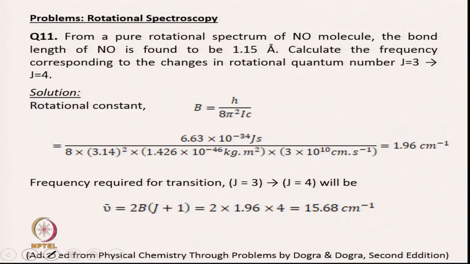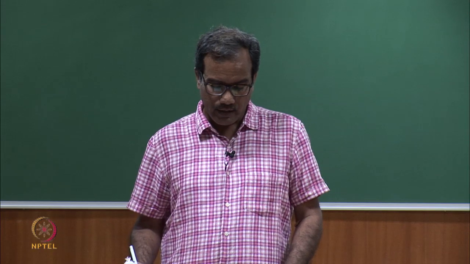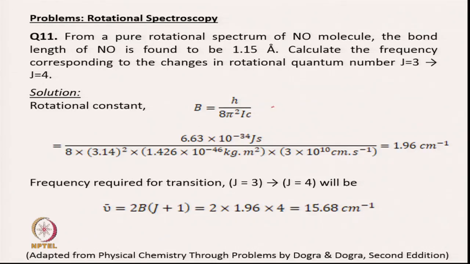Now, let us calculate the rotational constant. The rotational constant in wave number unit is h divided by 8 pi square I c. So, B is equal to h divided by 8 pi square I c. Here this is in wave number unit.